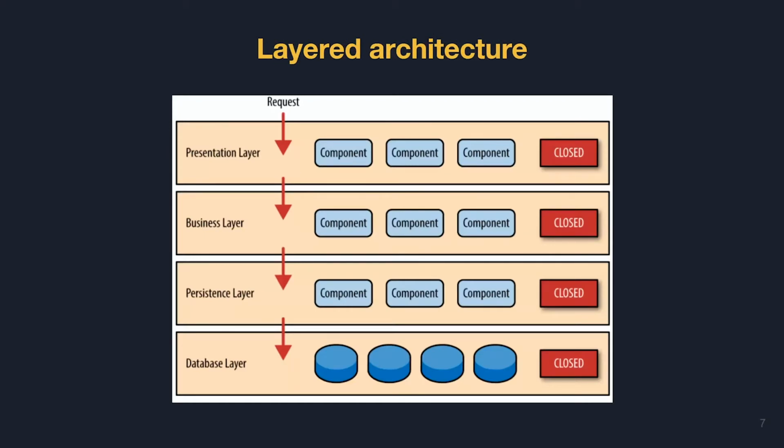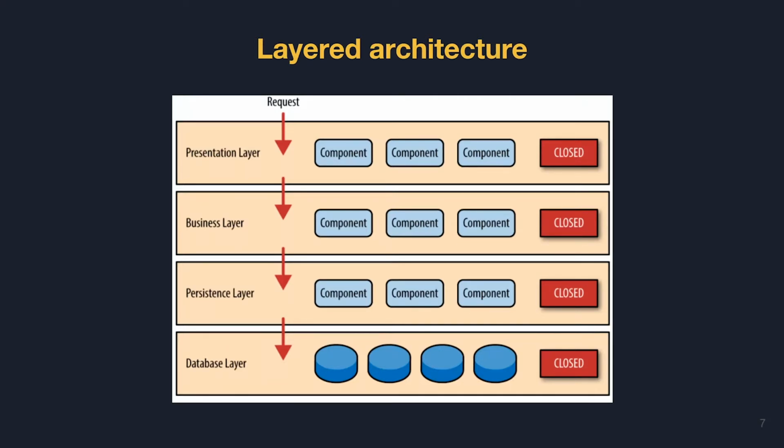There is a request coming to the presentation layer, which is the first layer. The presentation layer delegates the request to the business layer. The business layer does some business logic and then hands the request to the persistence layer, which is basically some ODMs or ORMs, object document mappers or object relational mappers. And finally, to the database layer.